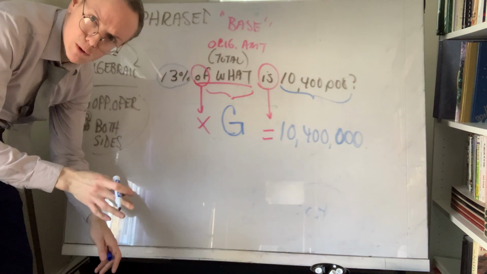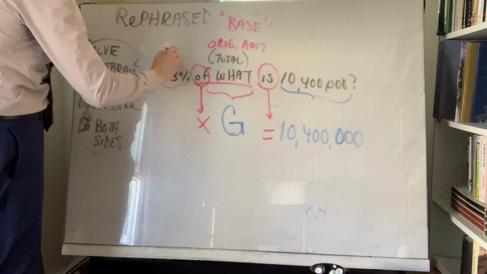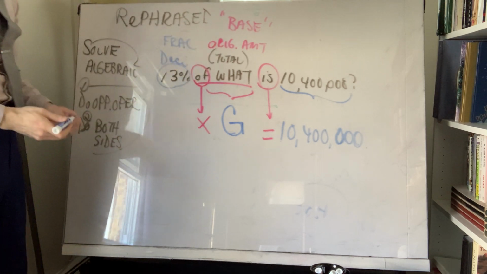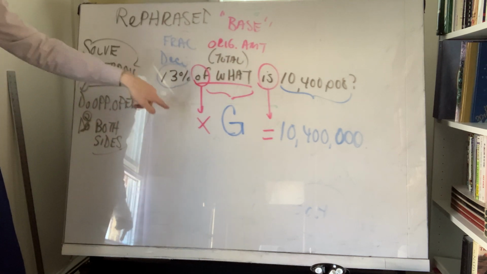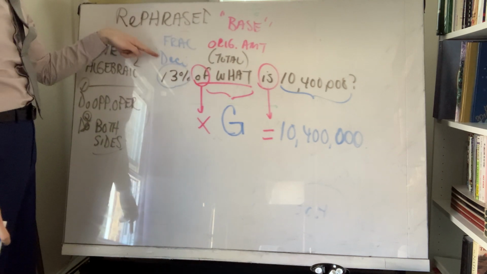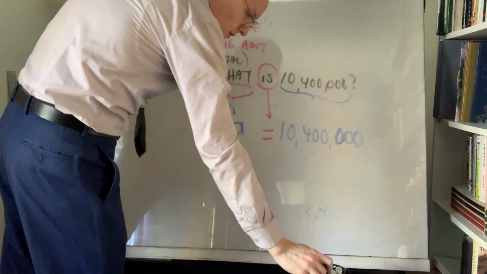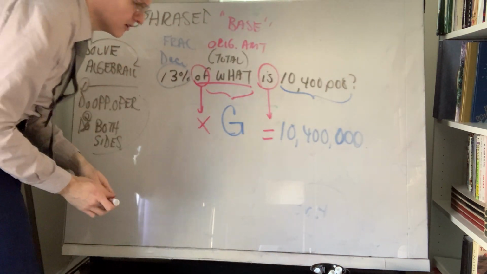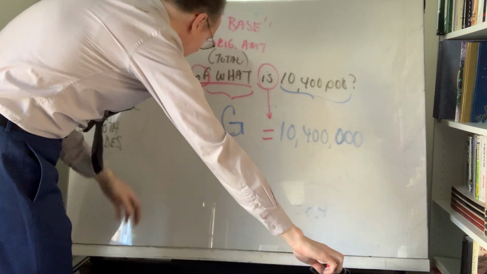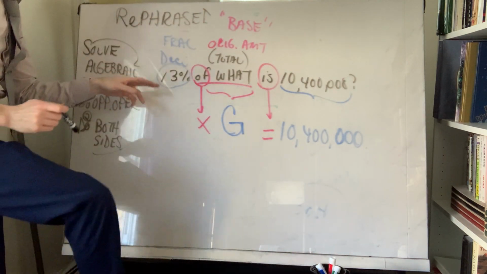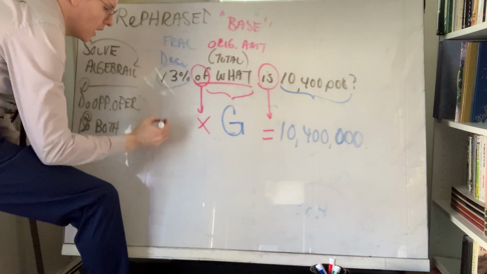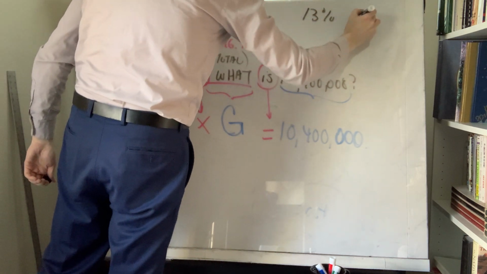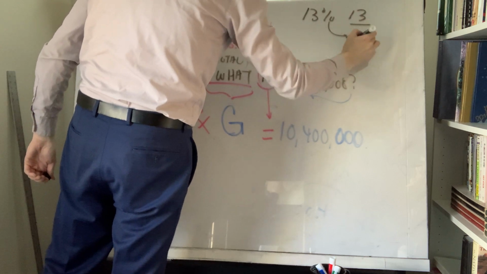With 13%, again, you have options. You could write this as a decimal if you prefer, or you could make this a fraction. I think it's probably easier in this particular problem to go with the decimal equivalent, just to avoid a keep, change, flip if you're a little bit rusty with that stuff. 13% as a fraction would be 13 divided by 100.